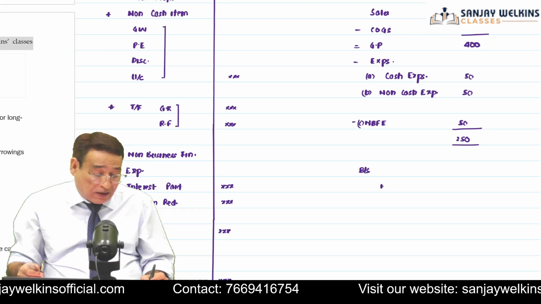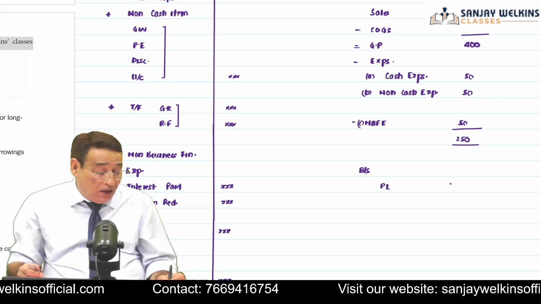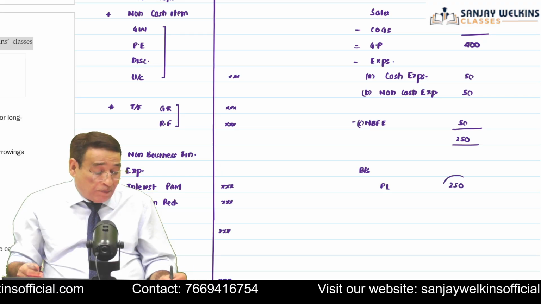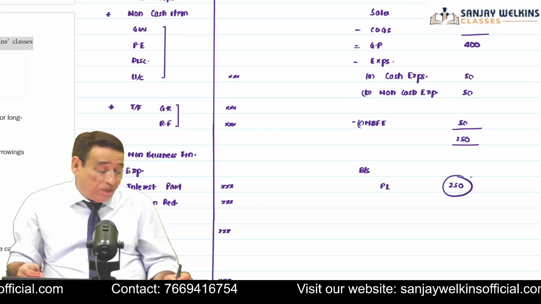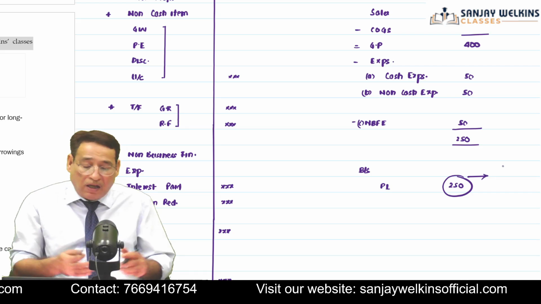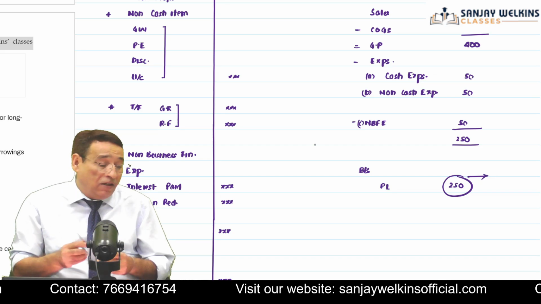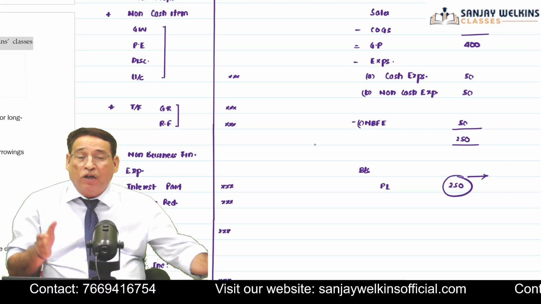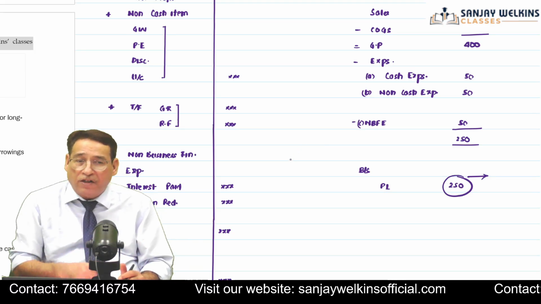Now you should understand that in the balance sheet, when we are given the profit and loss account, this is not showing my operational profit. And the cash flow statement is interested in what is the capacity of your business to generate the profit.